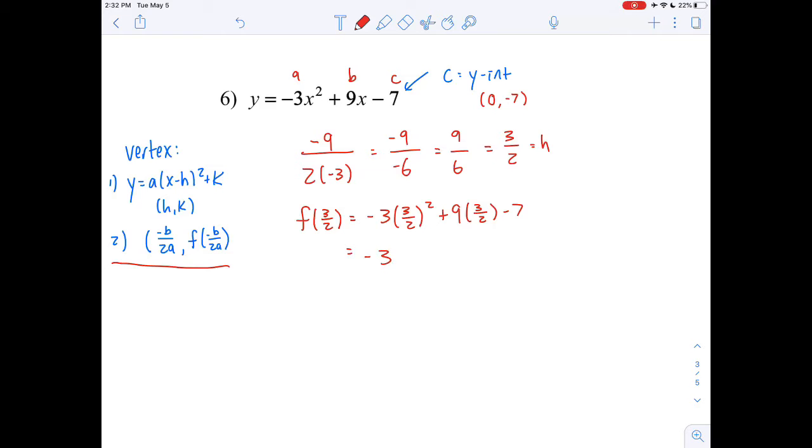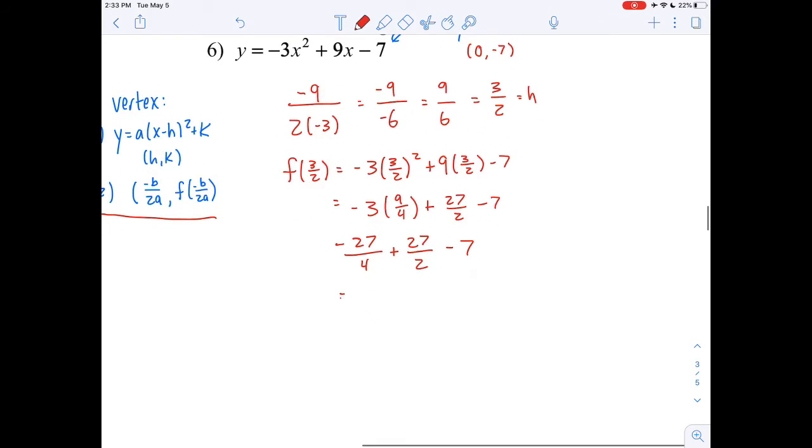So this becomes -3 times 9 over 4 plus 27 over 2 minus 7. -3 times 9 is -27 over 4 plus 27 over 2 minus 7. We need a common denominator for all of these. And let's use 4 as our common denominator.